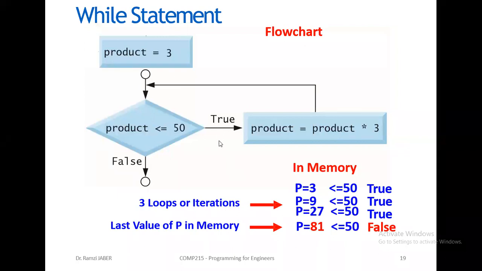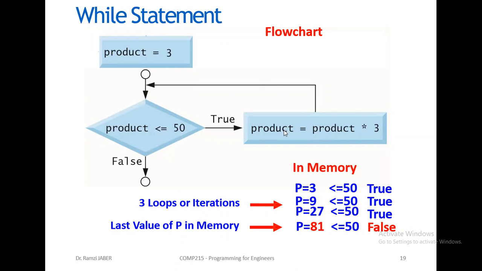Here, for this example, inside the memory we have p equal to 3. The condition is true, so go and make this action. The new product will be 3 times the old value, which is 9. Another condition check: 9 less than 50 is true. Again go inside and implement it, so 9 times 3 is 27. Compare again, true.